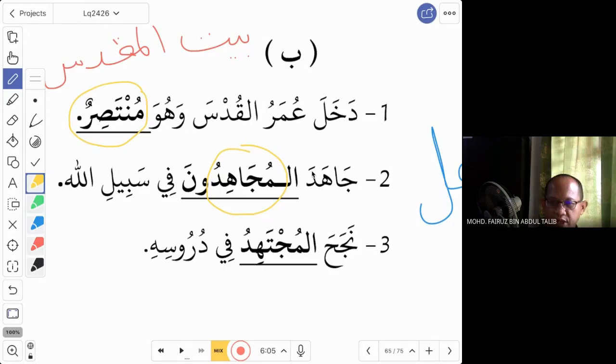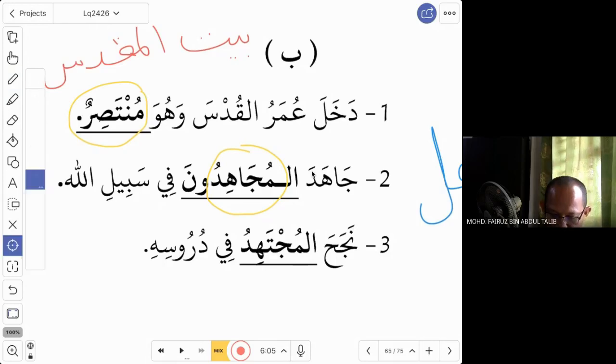And if you look at the word, there is no wazan fa'il at all. But instead, we have this mu in the beginning, similar to muntasir. So this is also another isim fa'il, the person who fights. Number 3, najahal mujtahidu fi durusihi. The mujtahid succeeded in his lesson, in his study.